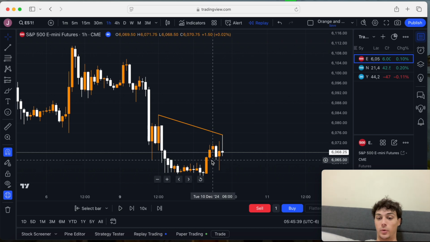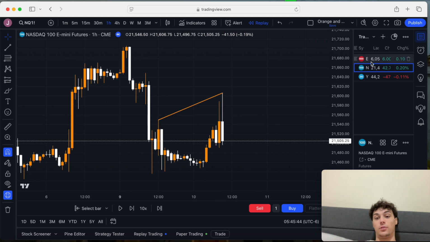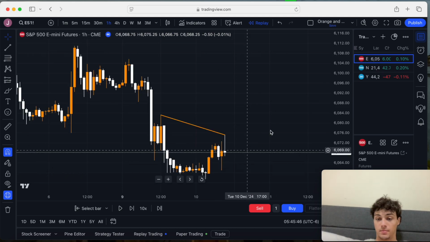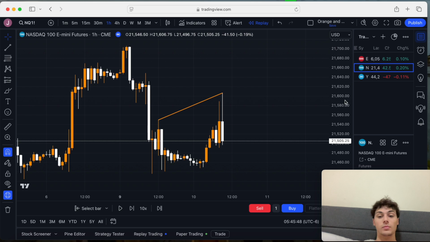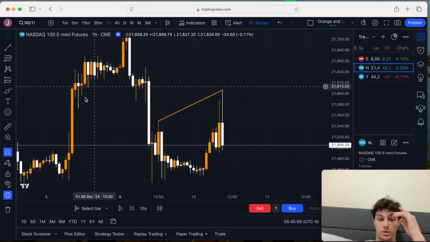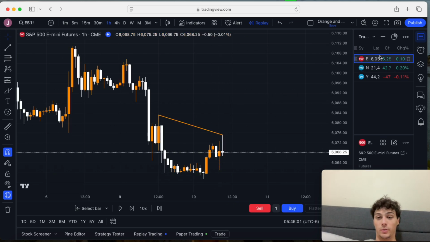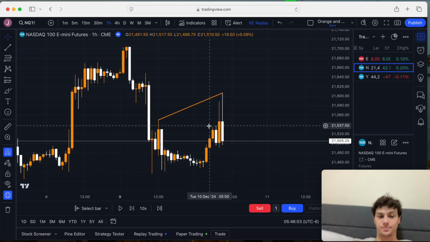S&P makes lower highs, meaning Nasdaq is going to have to go down to where S&P is. So your favored trade for that day is whichever one is higher. For this, Nasdaq was higher, ES was lower. You're going to favor Nasdaq.